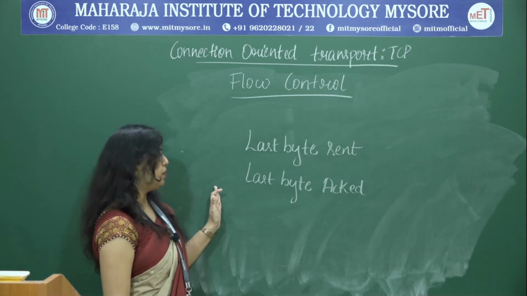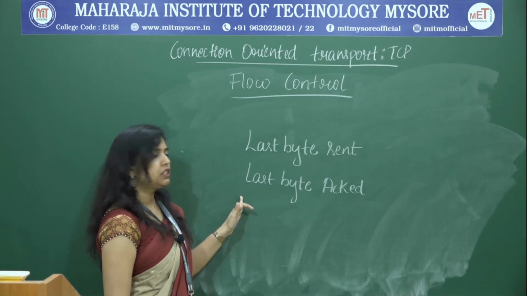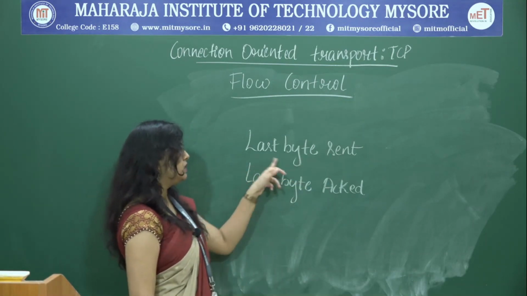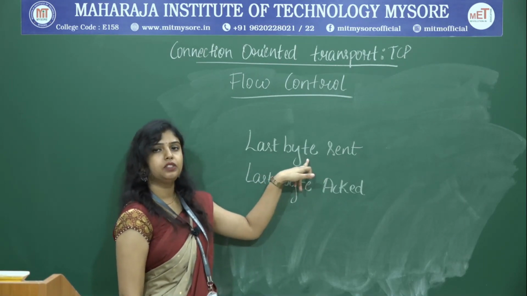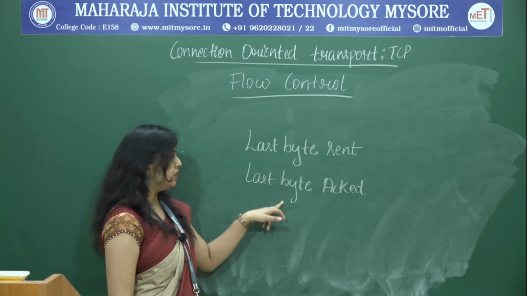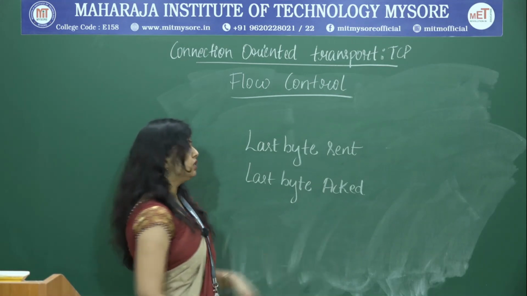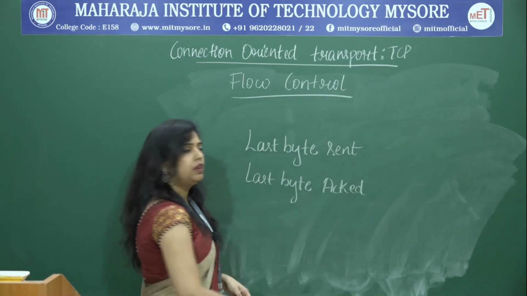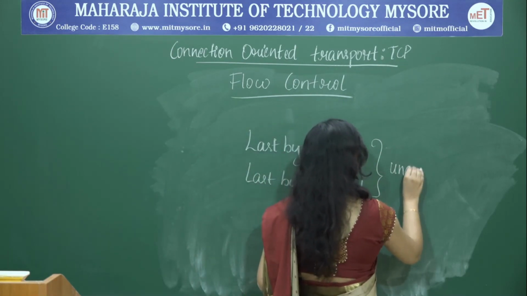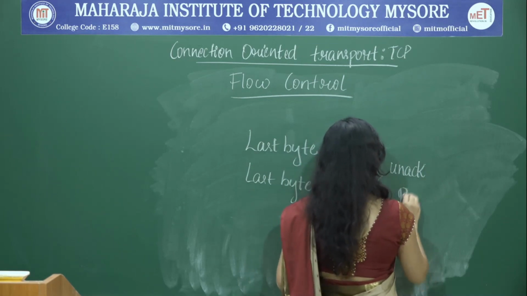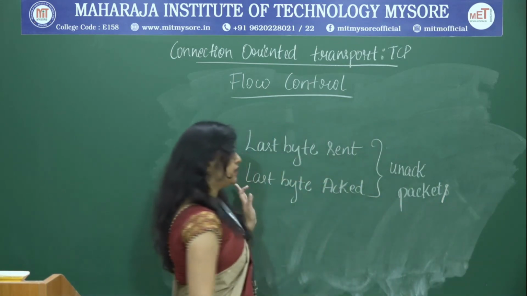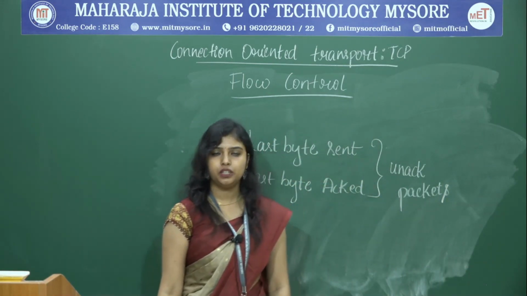This is the byte or packet which was sent most recently, and this is the byte or packet which was acknowledged. The difference between them will give us the unacknowledged packets.